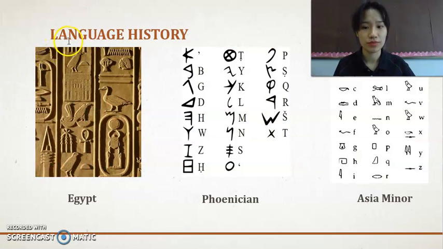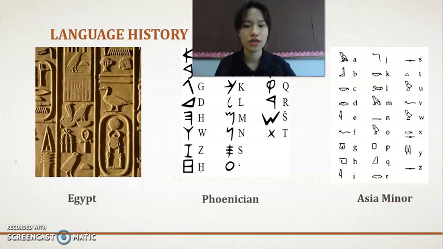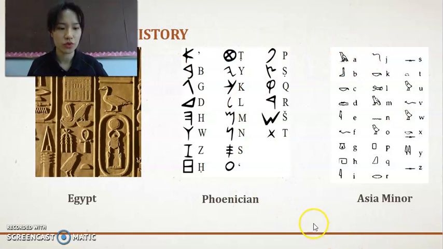But first, I want to show you some pictures of language history. When you check Egypt or some other places like Asia Minor, you will realize that languages sometimes come from pictures. They wanted to mark or use some special mark to record something. Like Egypt, they have specific drawings, and some of them use signs, maybe simplified pictures.